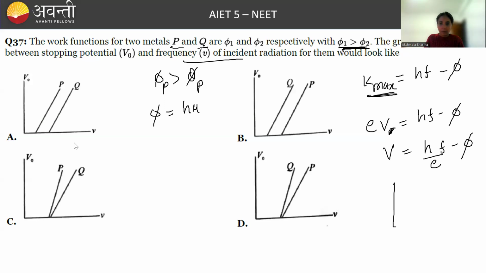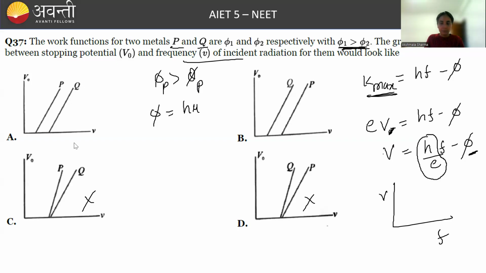If you draw the graph of stopping potential versus frequency, the slope will be equal to h by e, which is a constant. So the slope will be equal for both metals. So this cannot be the option, because here the slopes are shown different. We have to finalize between A and B.